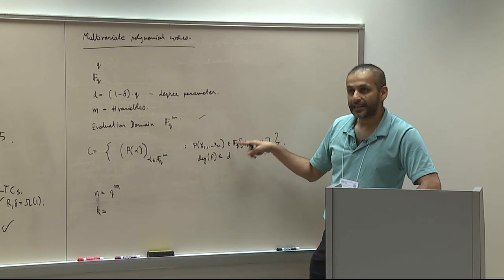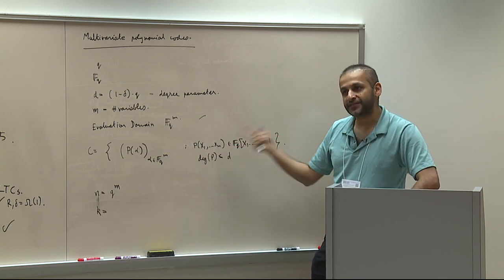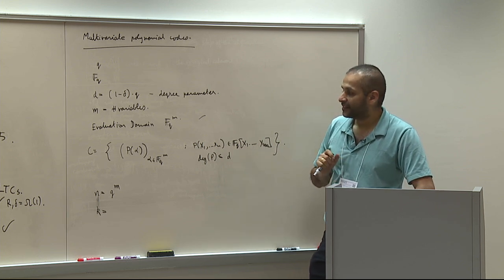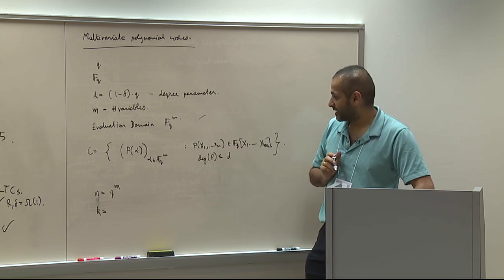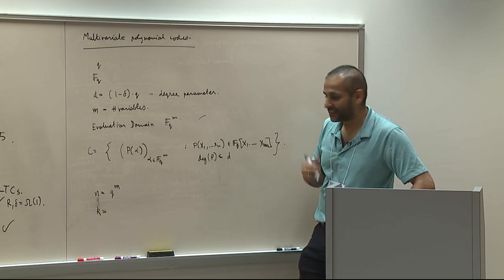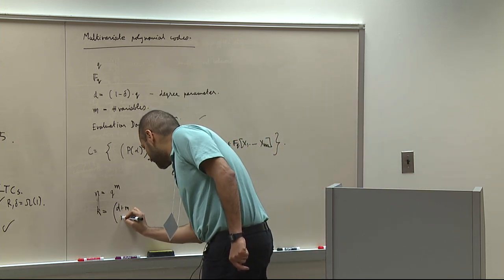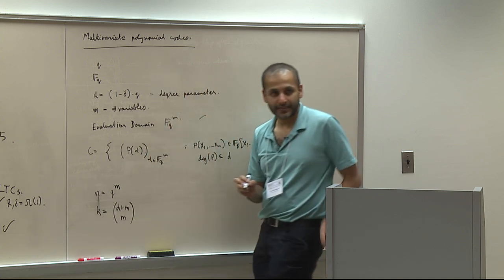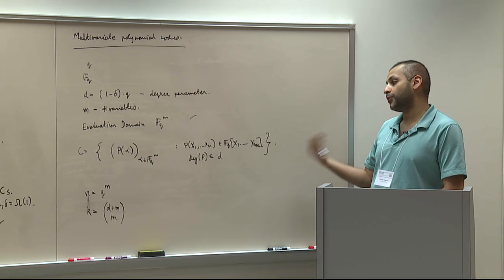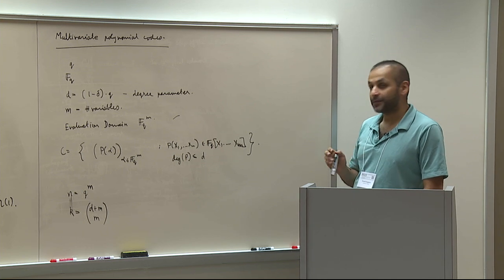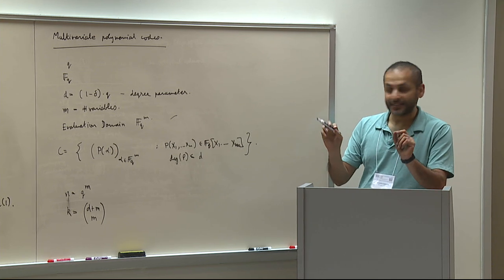So it's the number of coefficients in polynomials of degree at most d in m variables. Yeah, this is d plus m choose m. I know this one by heart. This is the number of monomials of degree at most d in m variables. This is total degree d. I need to say this, total degree.